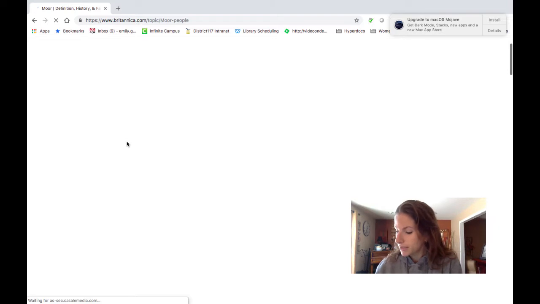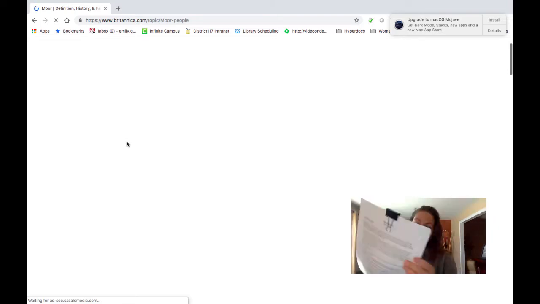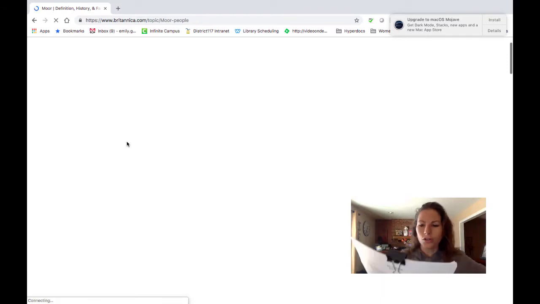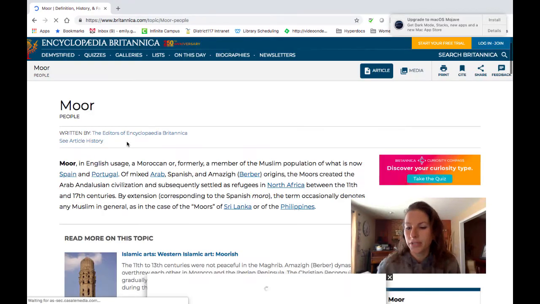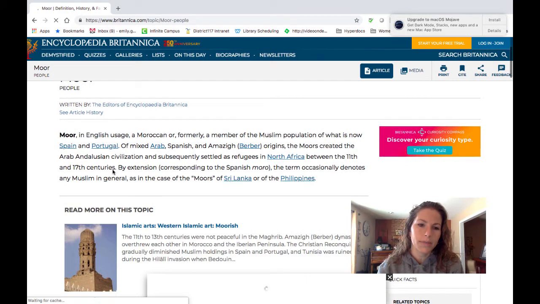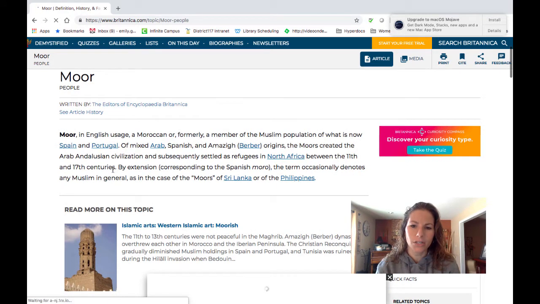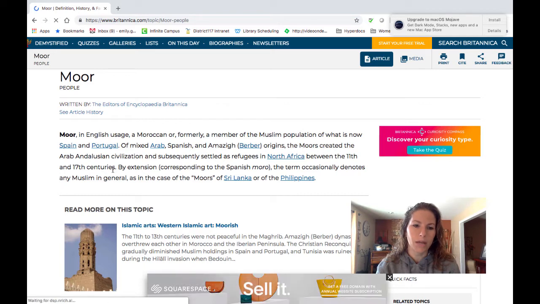For our purpose, I have asked you with the Moors to look at regional, cultural, or spiritual allusions and terms, including the philosophy, symbols, and ideas surrounding each of these terms. So to start our research, we have here the Moors, in English usage, a Moroccan or formerly a member of the Muslim population of what is now Spain and Portugal. Of mixed Arab, Spanish, Berber origins.